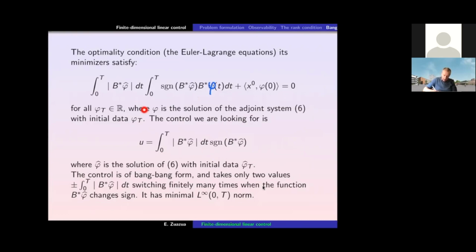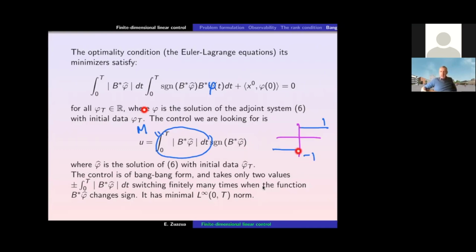So this will be m, the amplitude of the bang-bang control, multiplied by the sign of B star phi hat, which is the sign function, right? The sign function is just the function that takes value 1 for the positive and minus 1 for the negative. Then it will be either plus 1 or minus 1. Plus 1 and minus 1 multiplied by m will give you a bang-bang control jumping from minus m to plus m.